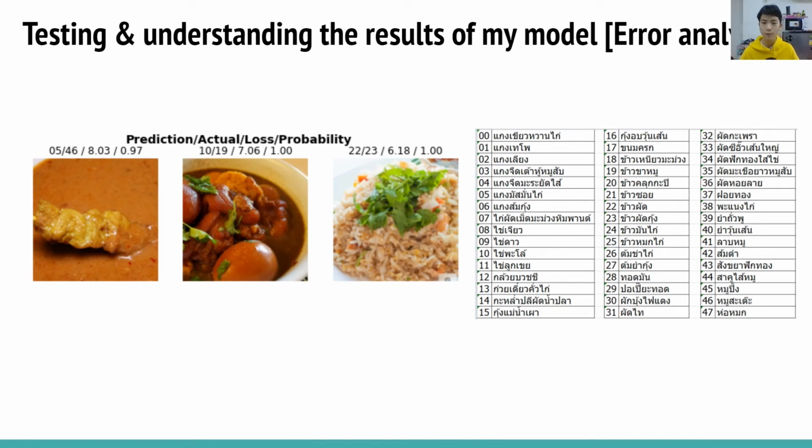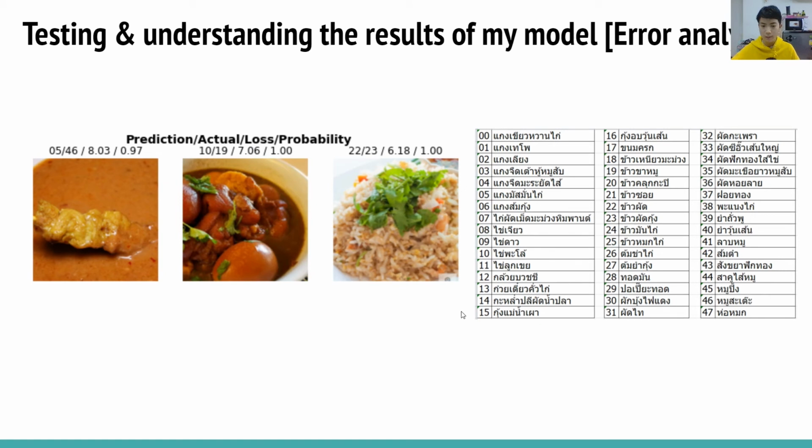They both have a sweet brown sauce, and if you would like to taste the sauce, you wouldn't know if it was from khao kamu or khai palo. And then yeah, this was the reason why it got it wrong. Another reason was that you can't really see the pork, and usually sometimes in khao kamu there's going to be khai palo too. And this one you can clearly see the egg while you can't really see the pork too much. And yeah, this is why this one got it wrong.